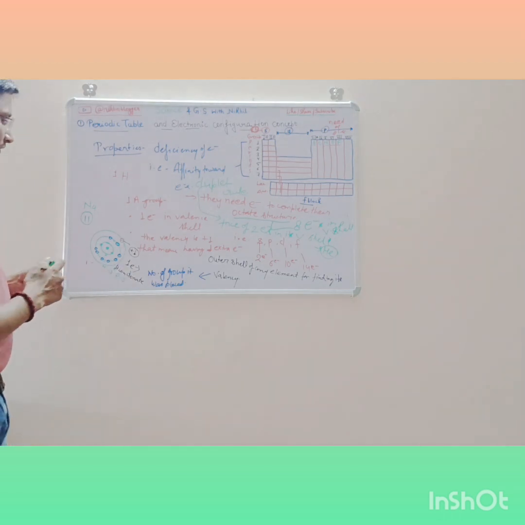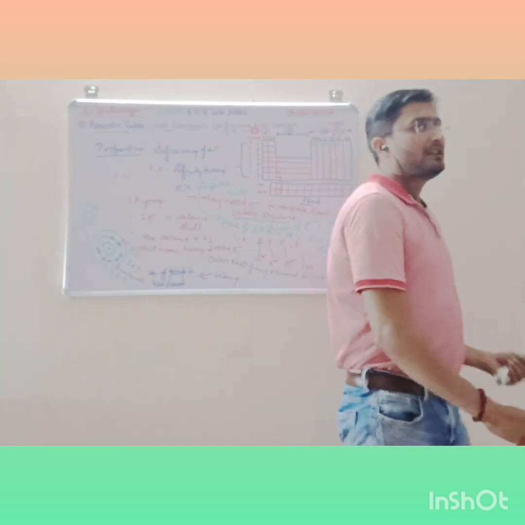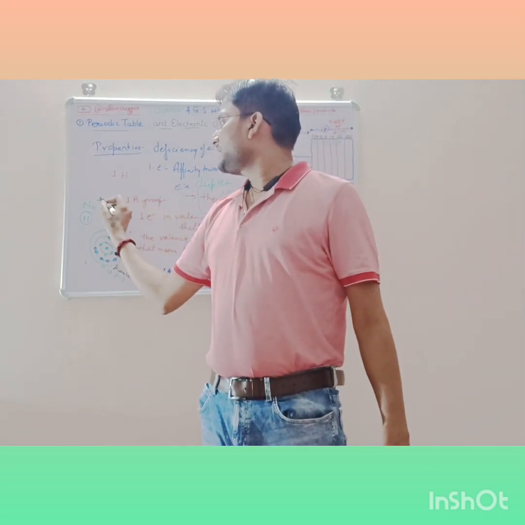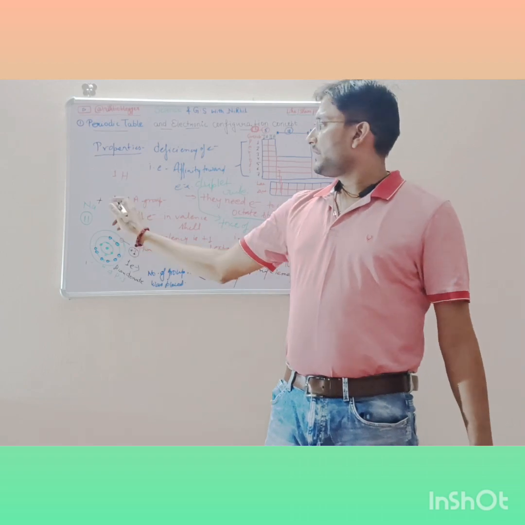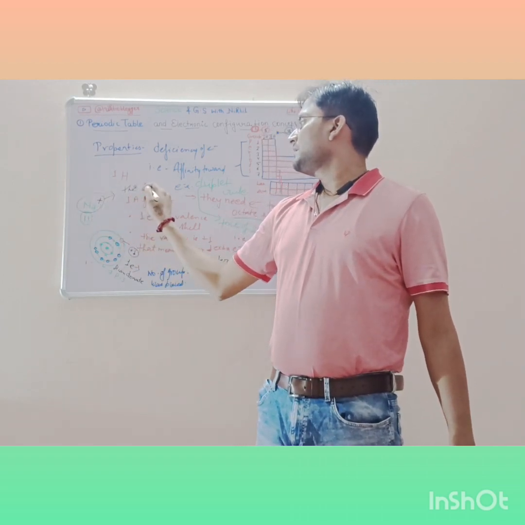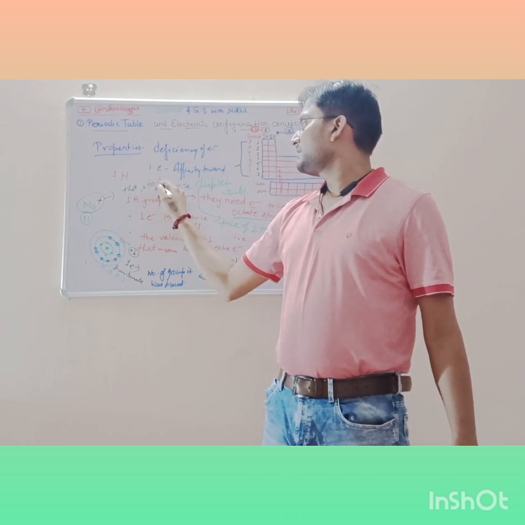Right? And when it is donating 1 electron, that means it is holding positive charge. If the electron has been donated, sodium will become positive, and when it becomes positive, it will acquire the state of stability.